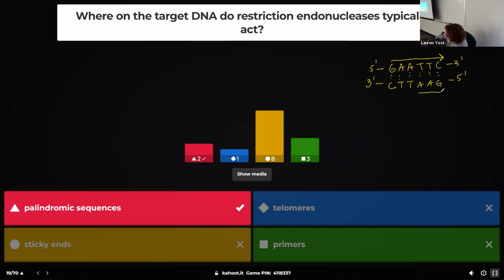What does this read from 5' to 3' direction? GAATTC. Is that the same? So that is a palindromic sequence. It reads the same on the forward strand as it does on the backward strand. And then your sticky end cutting would happen something like this and create the sticky end. So the restriction endonucleases cut at palindromic sequences and then create sticky ends.